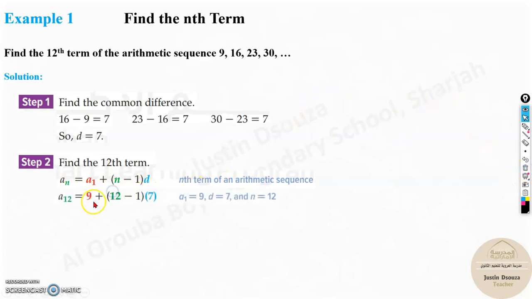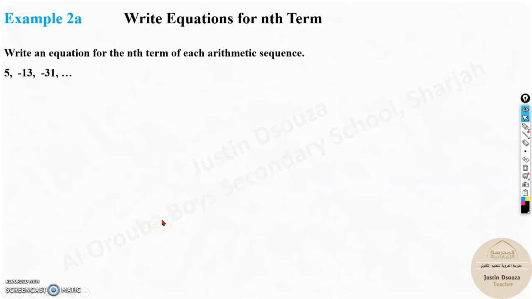Substitute the values. So it is 9 as the first term, n is 12, the 12th term, and d is 7. Substituted. Put it in the calculator. You can put the entire thing directly in the calculator using the proper brackets, and then you can get the answer directly. Let us look into one more problem.